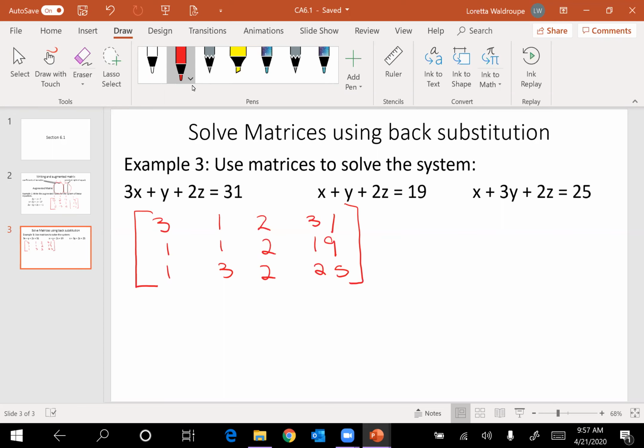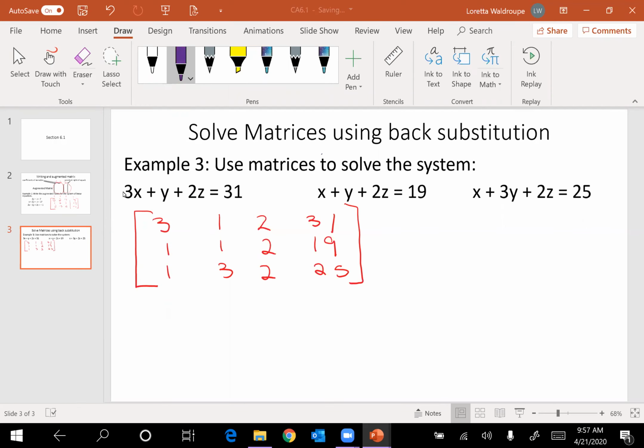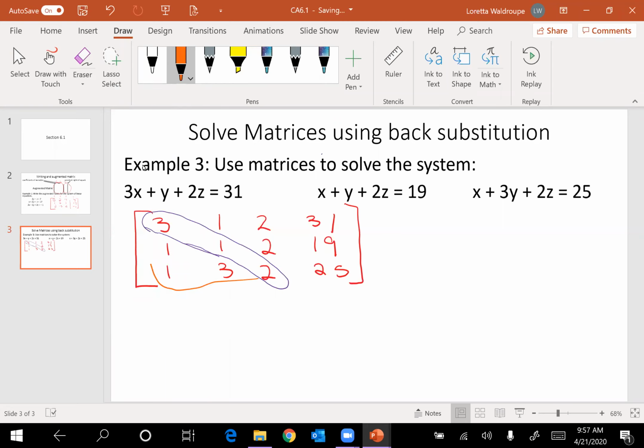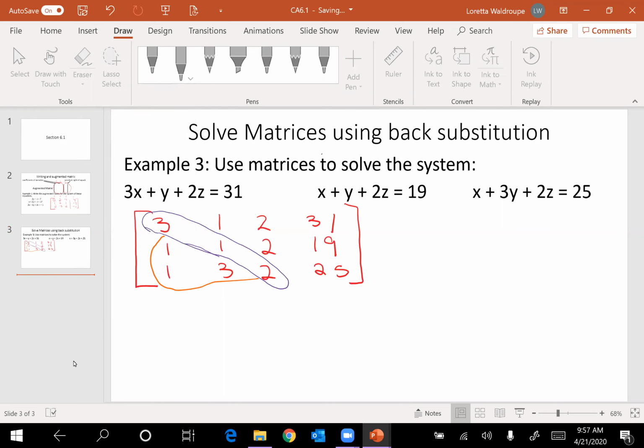What that means is, starting in the upper left-hand corner, you want this diagonal right there to be ones, and you want everything underneath it to be a 0. There's different ways and multiple things you can do.